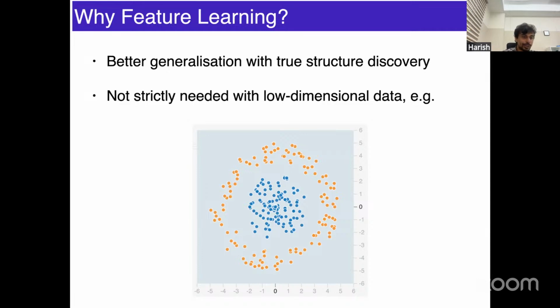Feature learning is not absolutely essential, but the moment you have high dimensional problems, if you don't have feature learning, you are always leaving some performance on the table. You are not extracting the full value of your model if you don't do feature learning. That's the reason why deep networks outperform on high dimensional data like images, text, and so on.